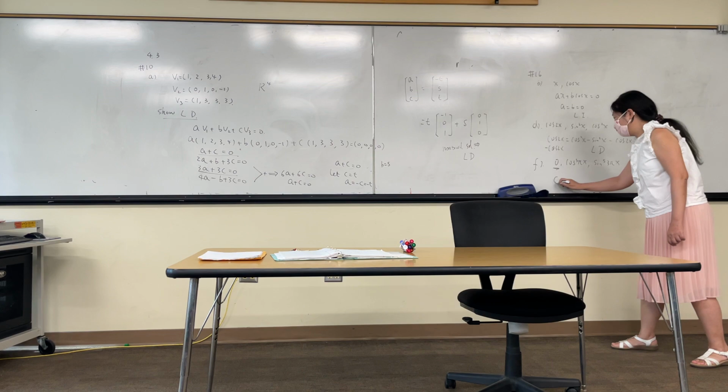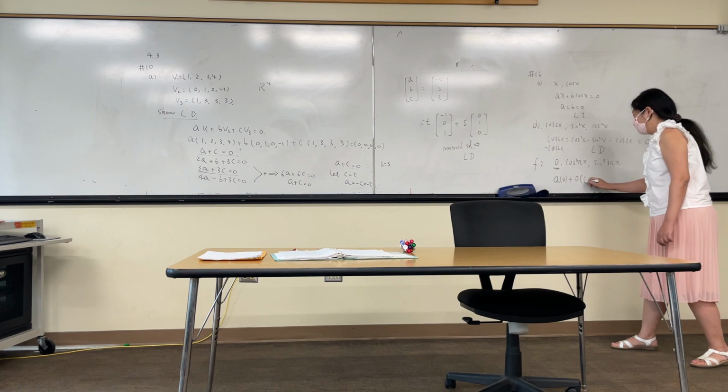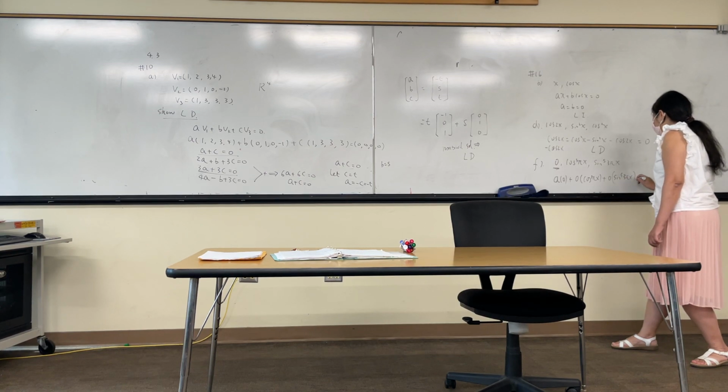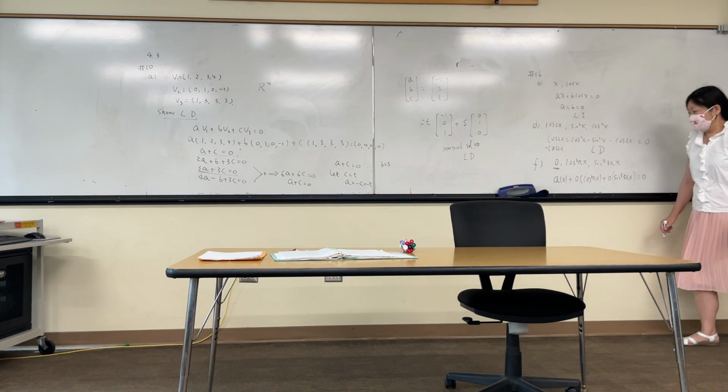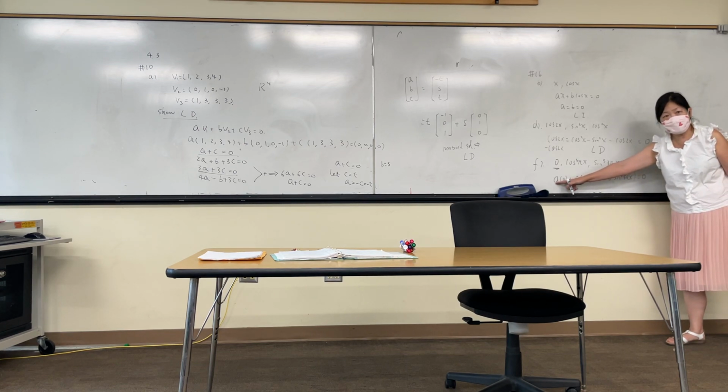You can have any number, let's say it's A times 0 plus 0 times cosine of pi x plus 0 times what? Sine of 3 pi x, to make it 0. Although these two are 0, this one is not 0.